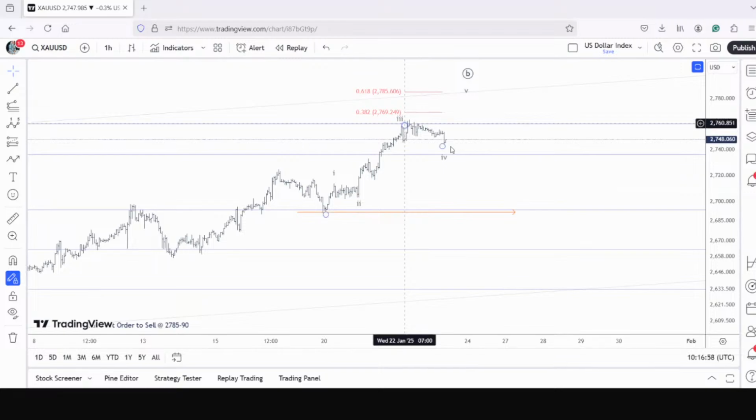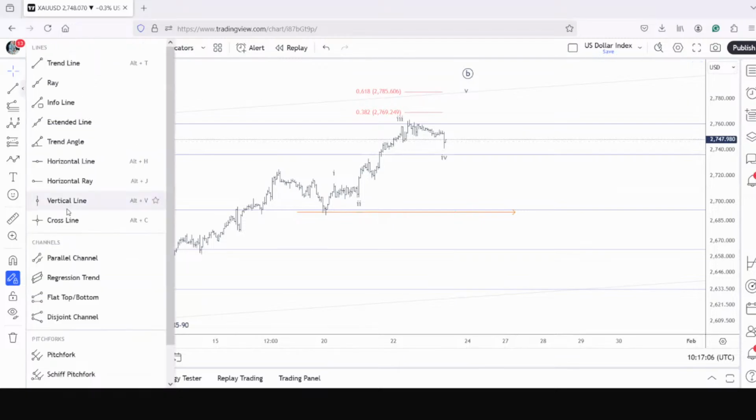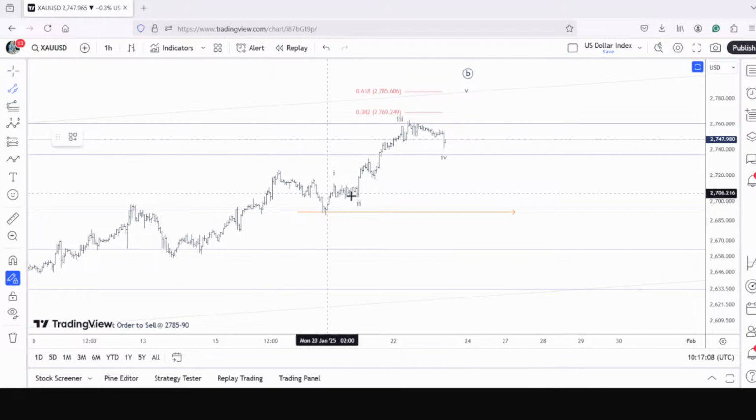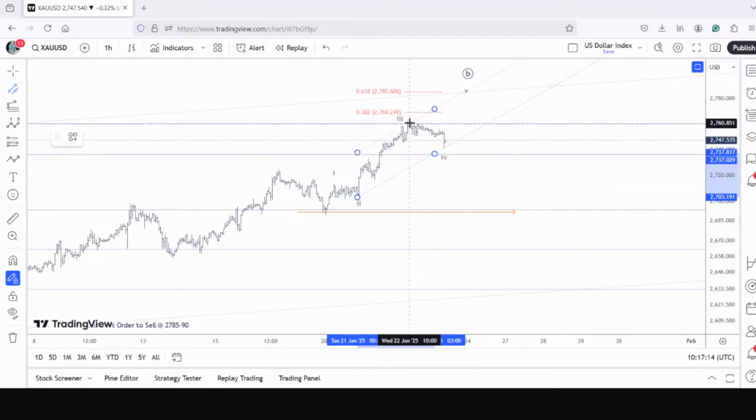All right. So if that is wave four, and what we've done as far as the counts are concerned is correct, then we should be seeing one more push from this point towards possibly, there you go. Now you see that channel converging.